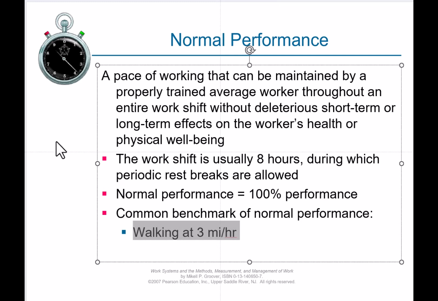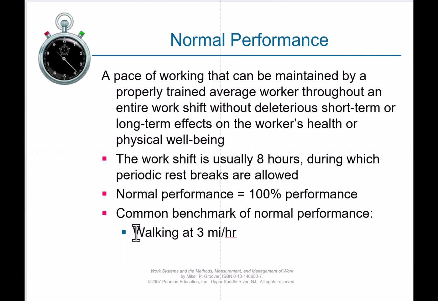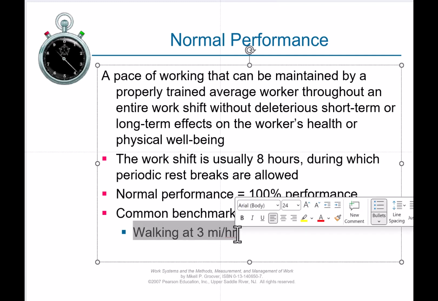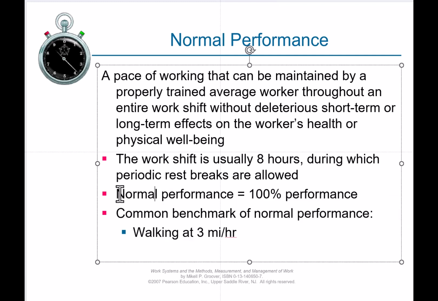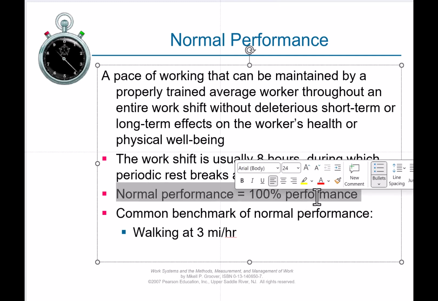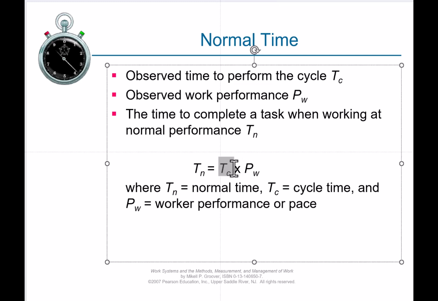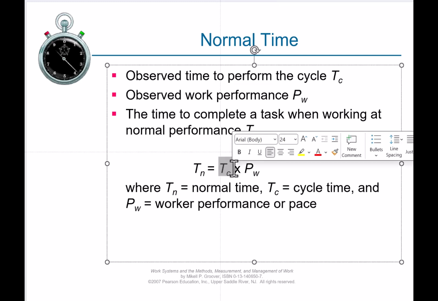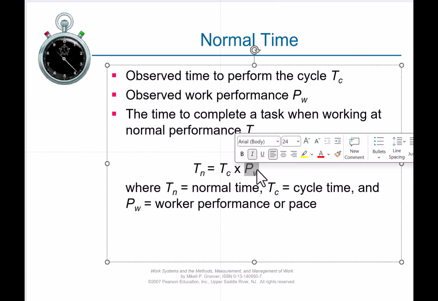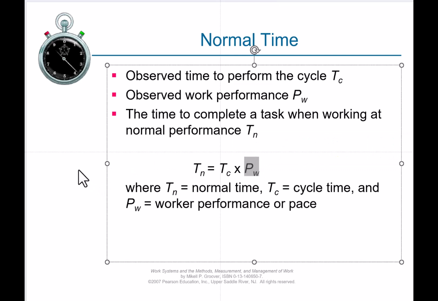When you work at a speed of 3 miles per hour, that is considered normal performance. And then you have the formula for normalizing the time, where TC is the cycle time that you observe doing the work, and PW is the observed performance of the operator.